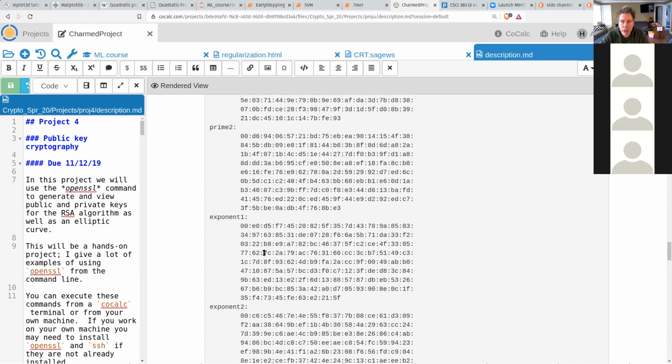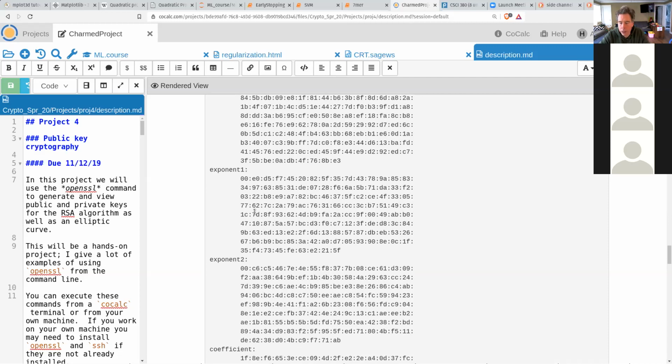Now you'll also see these things that are kind of mysterious: exponent 1, exponent 2, and the coefficient. Let me see if I can annotate this here. You're trying to figure out, let's phrase it this way, what is y to the d mod n? These three fields at the end are all for using the Chinese remainder theorem as a speed up.